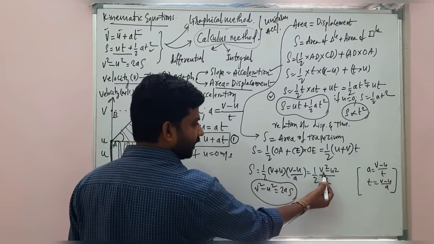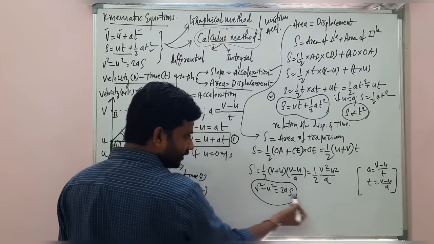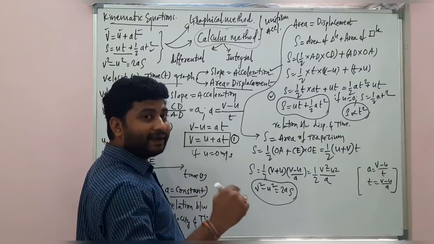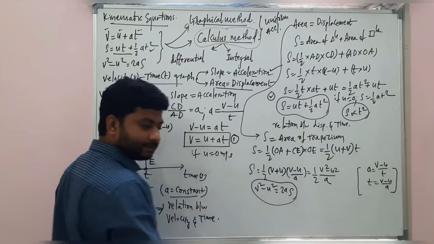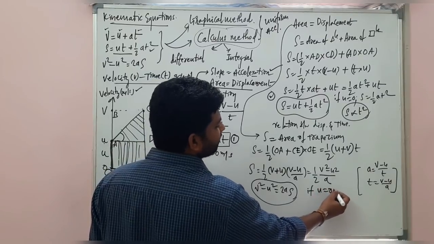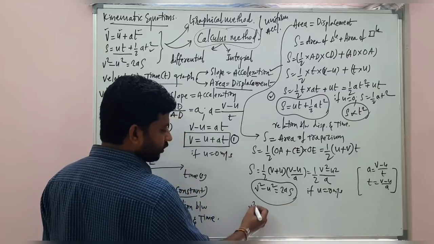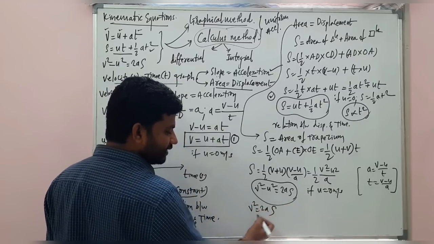Here also, if initial velocity is 0, if the body is starting from rest, I can write V square is equal to 2AS.